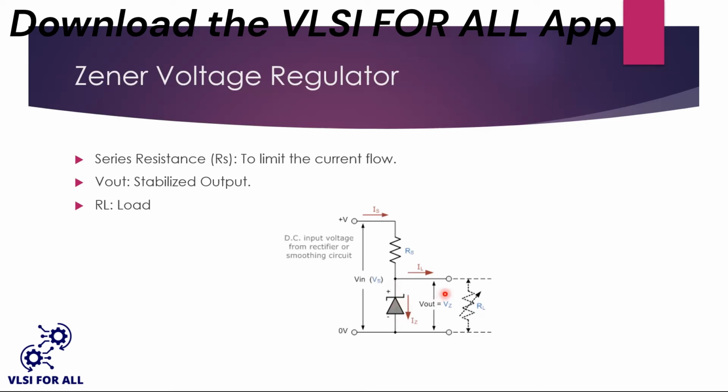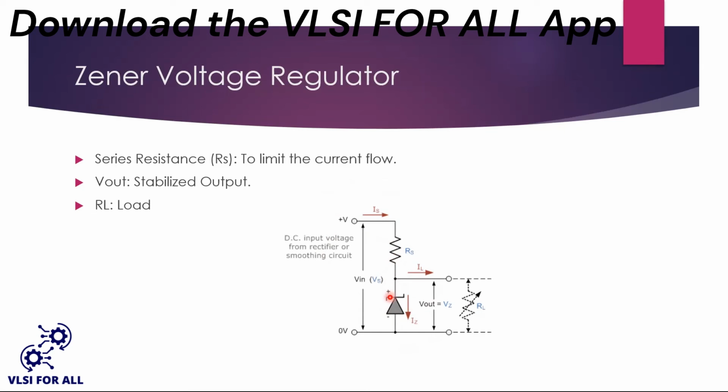So to make those conditions easier, to make it in our hands as an end user, to get this Zener knee current, we are using this series resistor to limit the current flow. And there is a maximum current also.